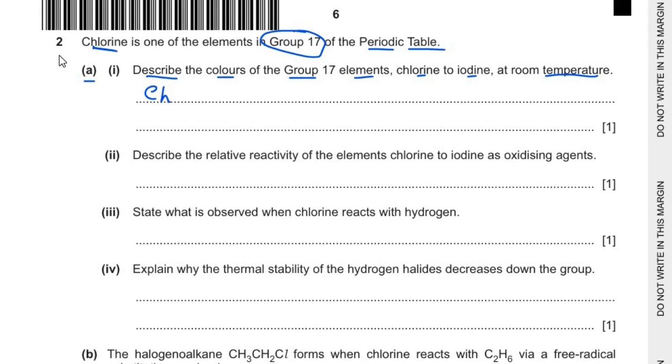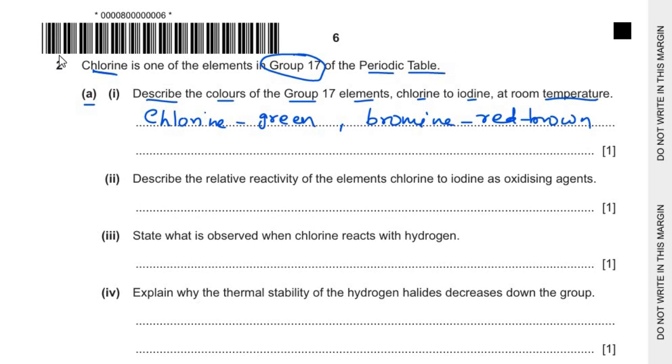Chlorine is actually a yellowish green gas, but you can say green or light green color. Then next comes bromine, which is a red brown liquid at room temperature, and then comes iodine, which is a gray black solid at room temperature. So that's what we are writing, the colors. We are not writing the state because they haven't asked about the state. We are just writing about the colors.